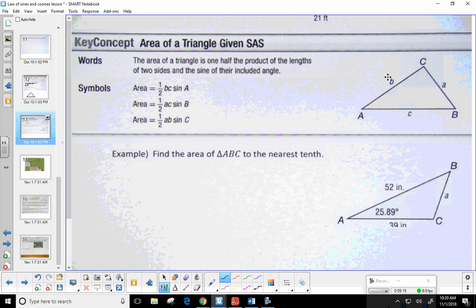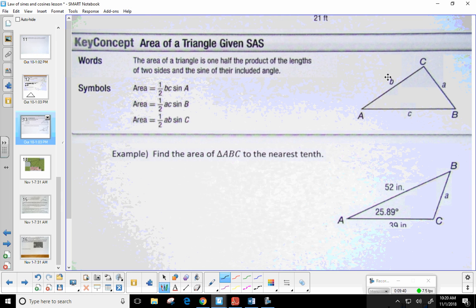And just like the law of cosines, there are three different versions of it because it could originate from any of the three vertices of the triangle. But all you need to do is take 1/2 the product of those two sides times the sine of that included angle. Okay? So this one, we have everything we need.